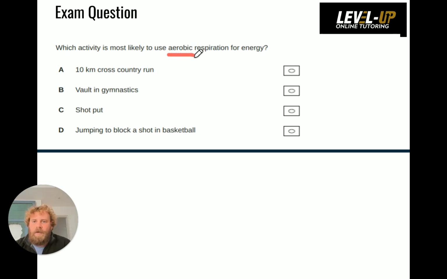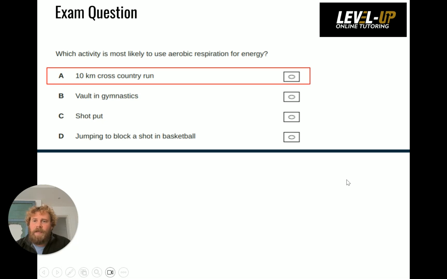We've got the 10K, the vault in gymnastics, the shot put, and jumping to block a shot in basketball. In terms of longevity and long exercise, the 10K is the most accurate and the most precise answer for this question.